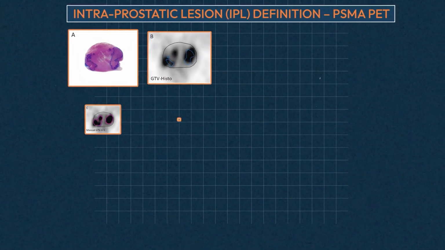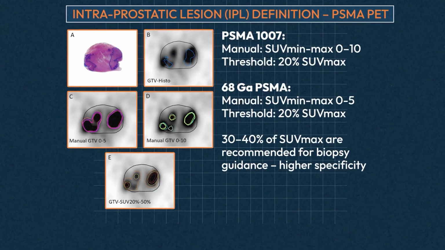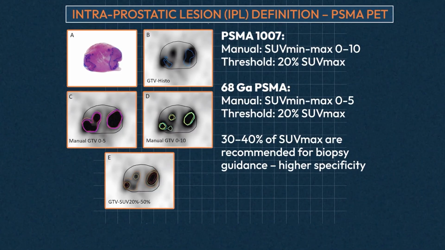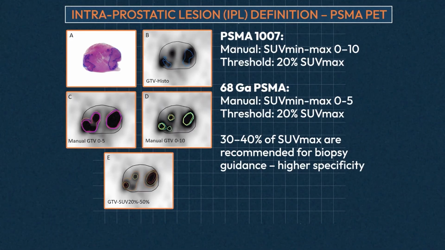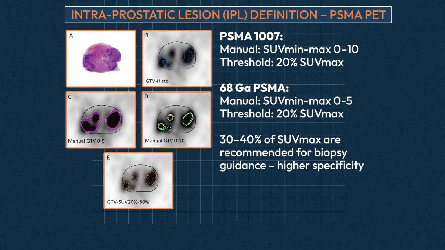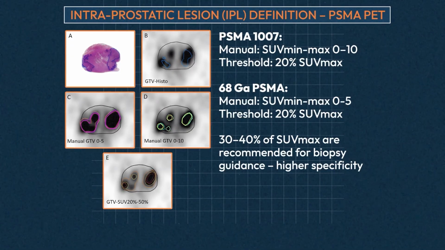So these same studies that have done correlations between histology and imaging have tried to look at optimum parameters for using PSMA PET to delineate the cancer in the prostate. And these could be manual techniques where you window and level the PET scan to highlight the foci of cancer within the prostate and just by eye determine where you think the edge of that high PET signal is and draw your volume that way.